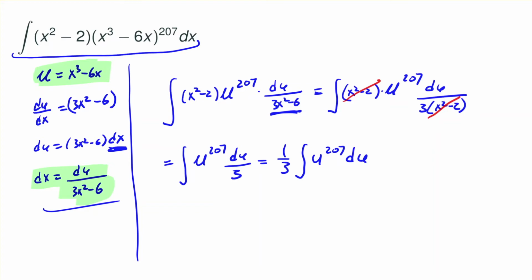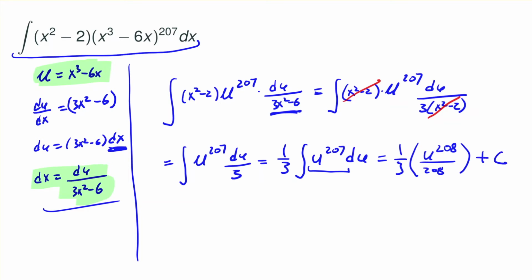Now we are ready to take the antiderivative to evaluate the indefinite integral. So 1 over 3 will multiply after we take the antiderivative. This one, reverse power rule. So add 1, 208, and divide by that added number, 208, plus c.